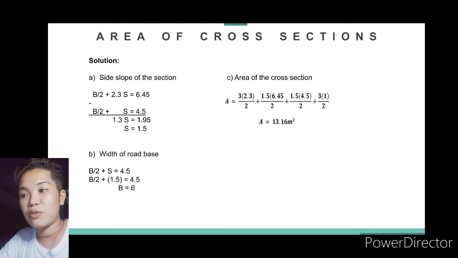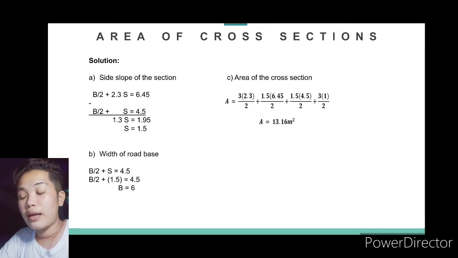And we have to subtract it by b over 2 plus s is equal to 4.25, which is the horizontal distance from 0 to the right. And solving for s, we obtain 1.3s is equal to 1.95, and divide both sides by 1.3. We get the answer s is equal to 1.5.